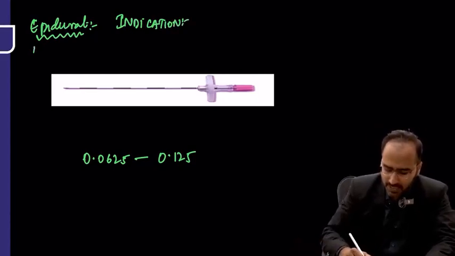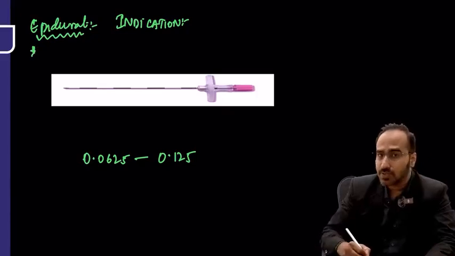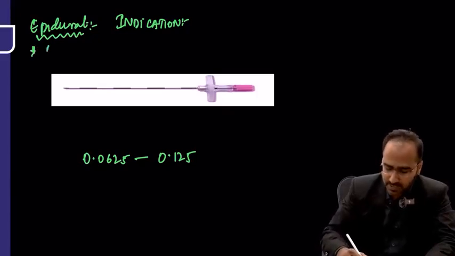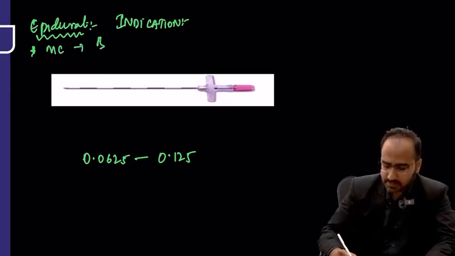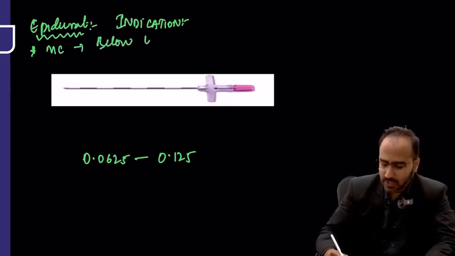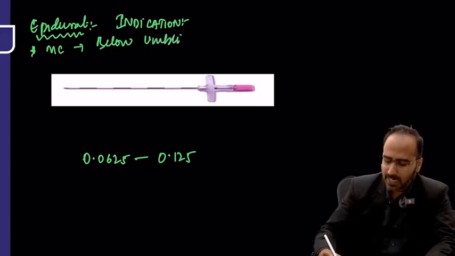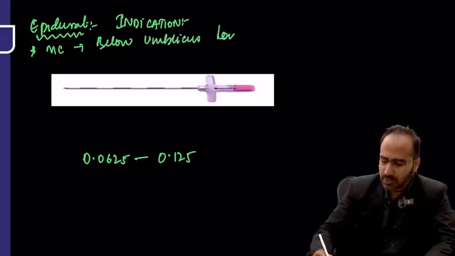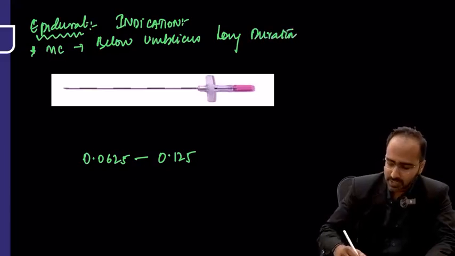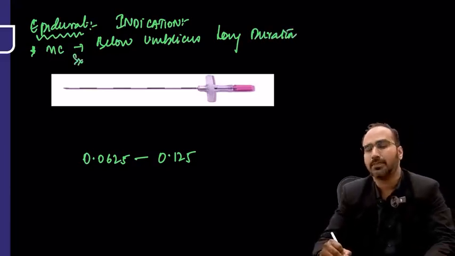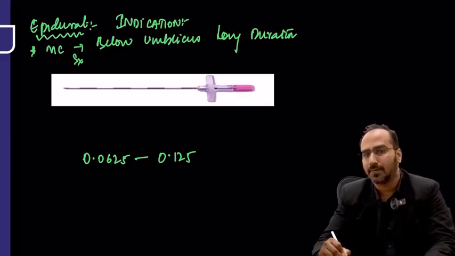Epidural anesthesia is commonly used for what purpose, guys? The most common and the most important indication is what? It is used for below umbilicus long duration surgery. Long duration surgery, such as total hip replacement or total knee replacement.